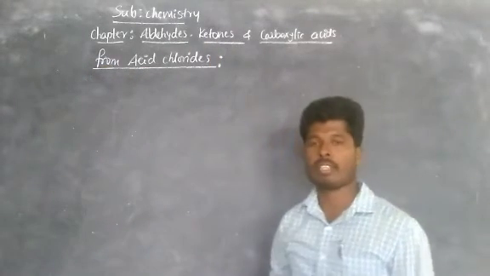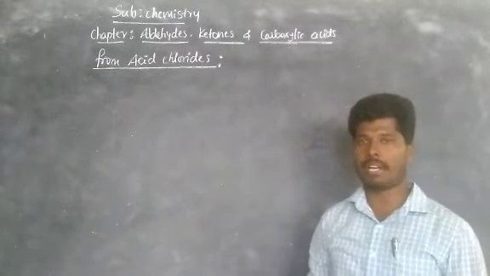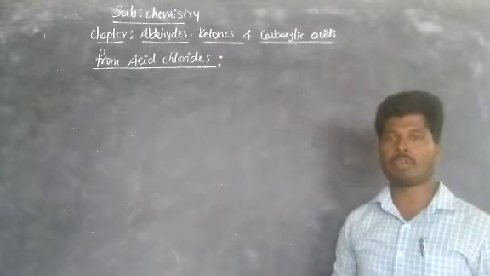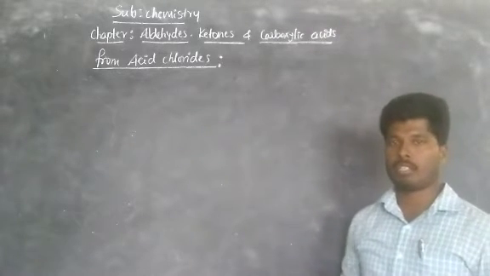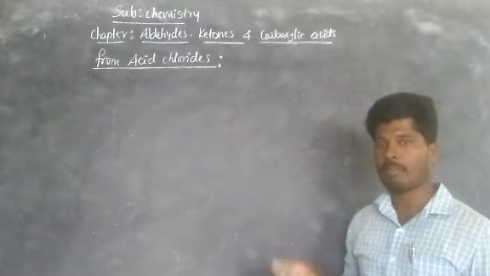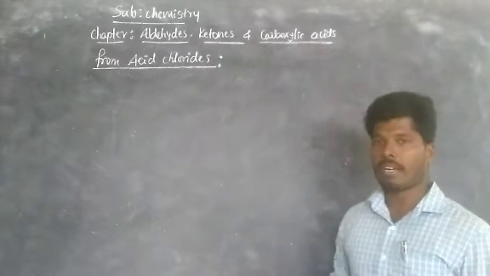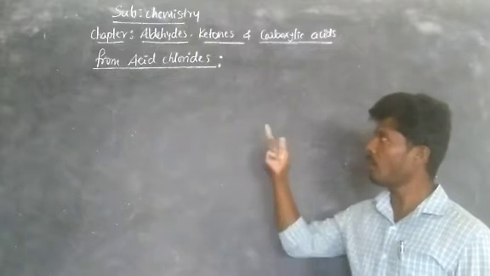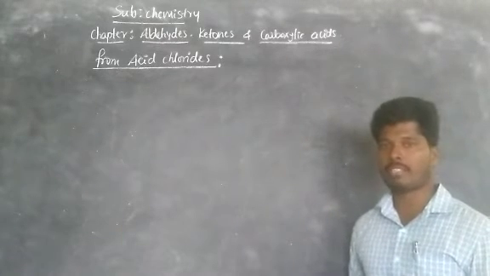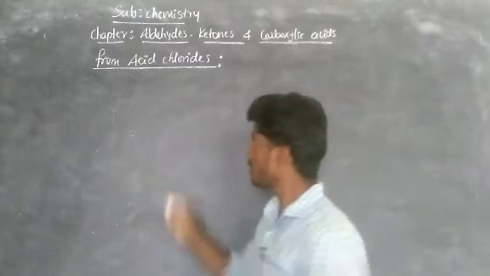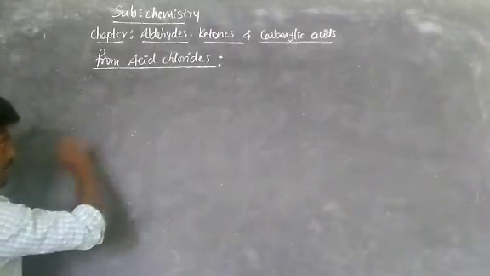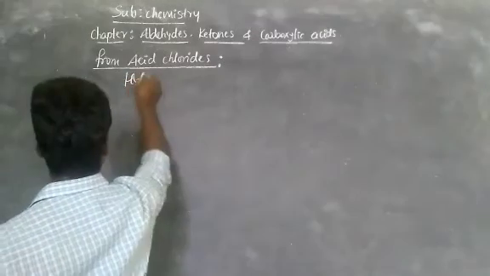Here the acid chloride is hydrolyzed to get the respective carboxylic acid with elimination of hydrogen chloride, that is hydrogen chloride in gaseous form. That process is called hydrolysis of acid chlorides to get carboxylic acids.